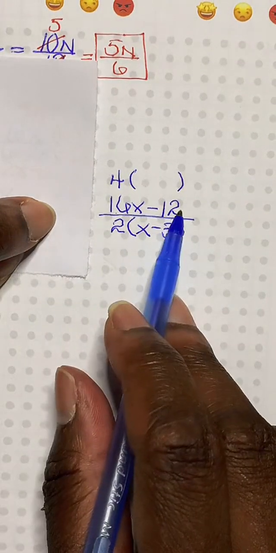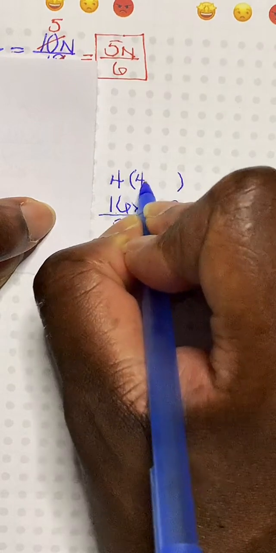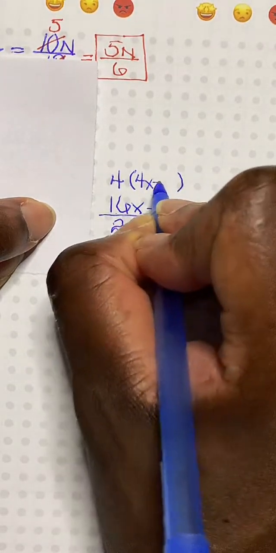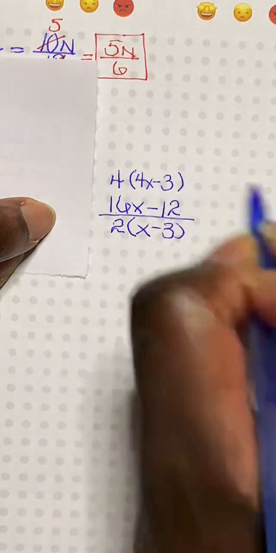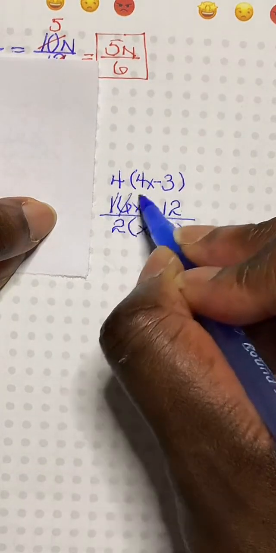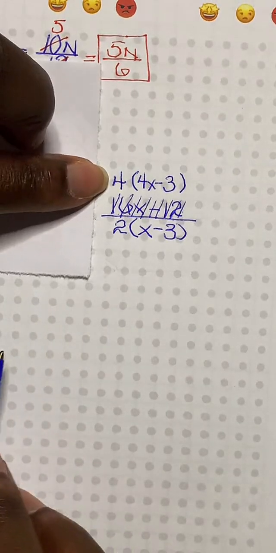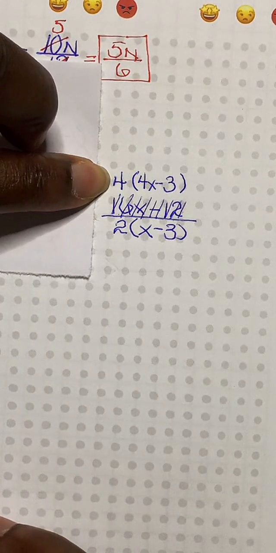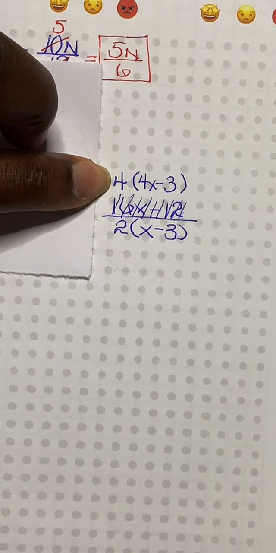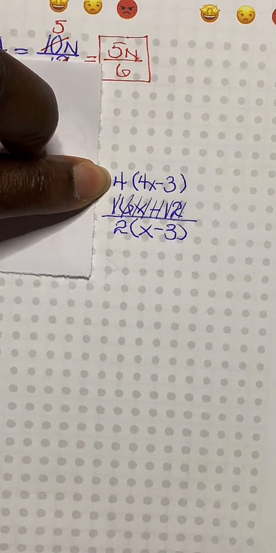A 2 can work, but then I would have to factor again. So now I have 4 times x minus 3. So that means the 16x minus 12, we already took care of it by its factored cousin right here. So now, this is when we can simplify.